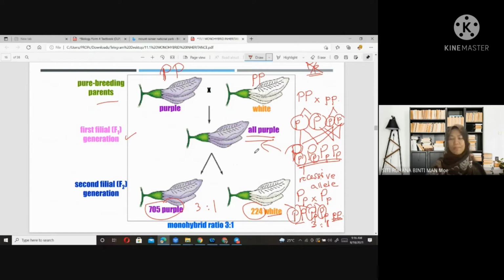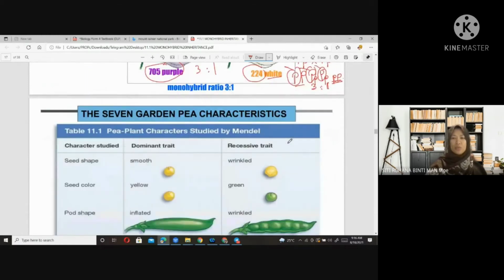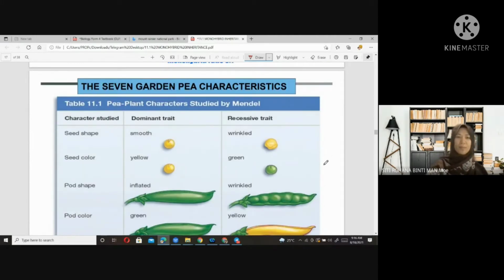So, cuba jawab. So, kita boleh discuss. Okay, so ratio 3 to 1. So, look at the characteristics found in garden pea plants, okay, that have been observed by Mendel, okay, yang dilihat oleh Mendel.